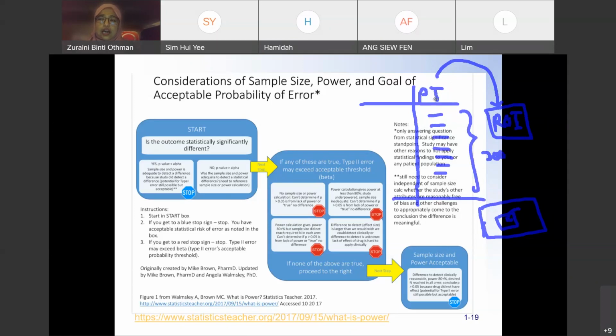But how can I say that this study is significantly valid? I have to compare with the previous technique. For example, I take a previous study, and I write it down so I don't forget. This is from the previous study and this is from me.